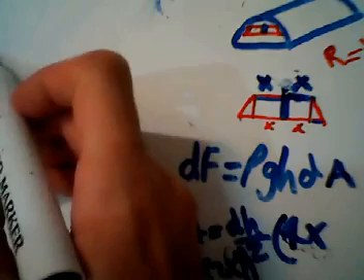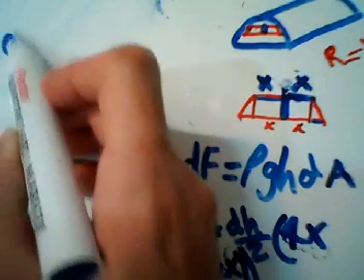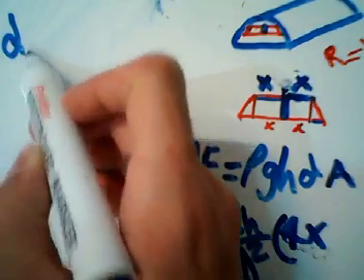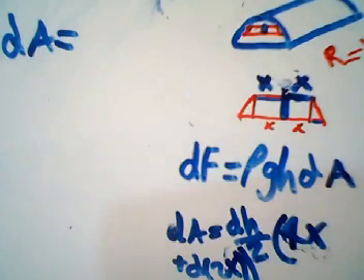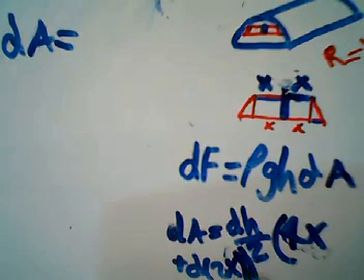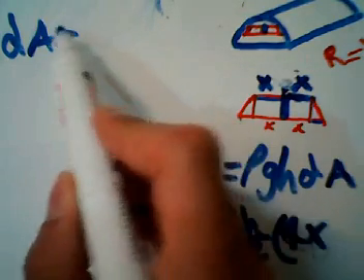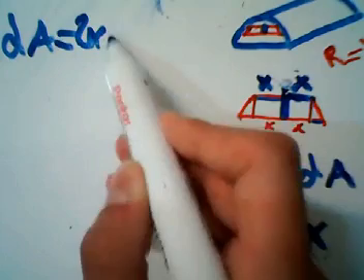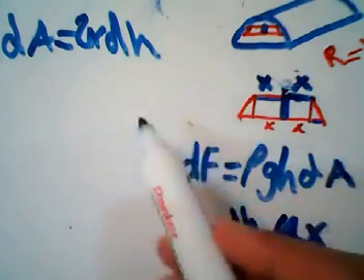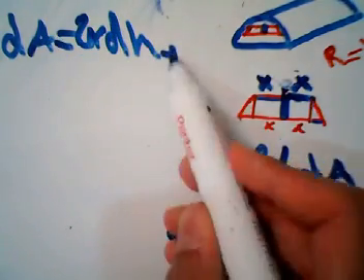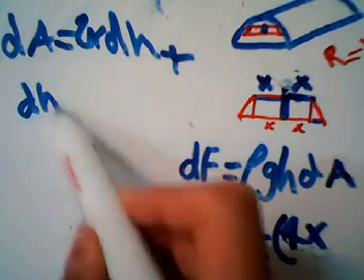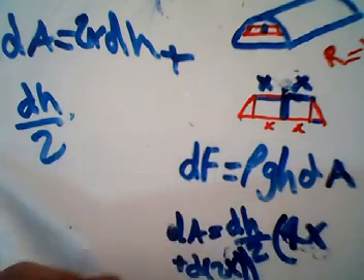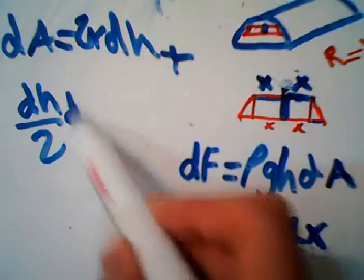Let me write it again. dA, let's multiply again. That would be 2x dh plus dh over 2 times d2x.